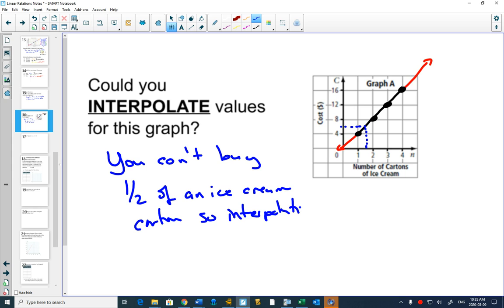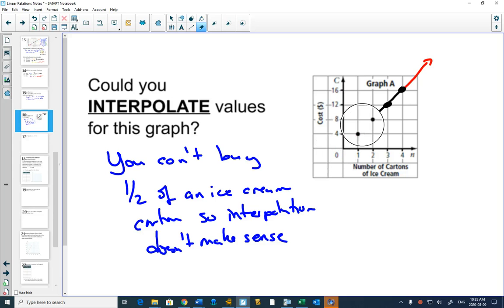So interpolation doesn't make sense. And in fact, even joining these dots that I did at the beginning actually doesn't make sense in this situation because you can't buy a half of an ice cream carton.